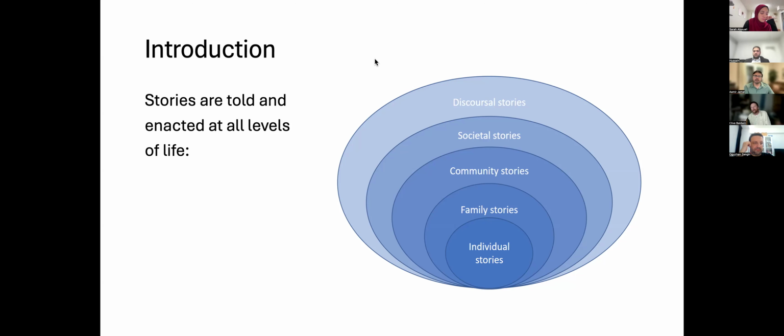And even bigger than that are the grand narratives, in postmodern language, of the Enlightenment, of progress, of science, and the development of the individual, things that are less tangible but still have a story. And so, of course, individuals are surrounded by multiple levels of stories, which we can usually find traces of when we interview people. And that's an important thing to remember when we come to analyze data.